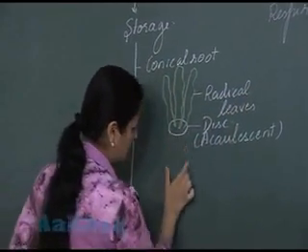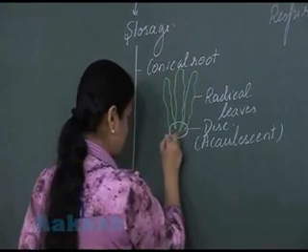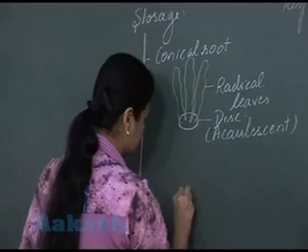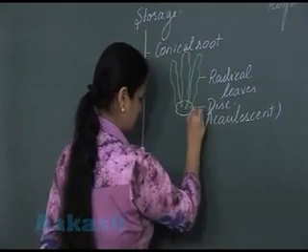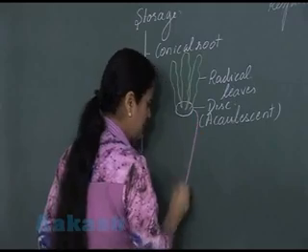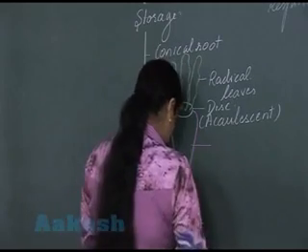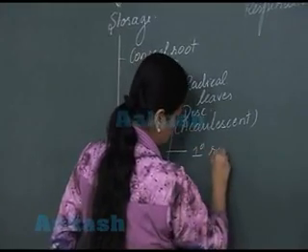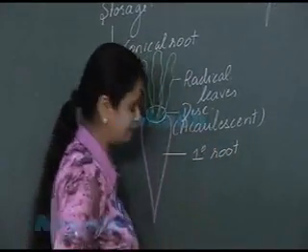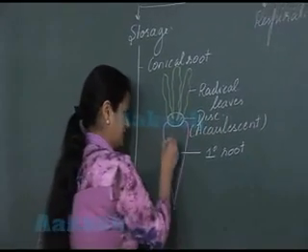Now here, there is presence of the primary root. Yes? So this is primary root. This one is primary root, and this primary root, it is involved in the storage. This is involved in the storage of the food, and the secondary roots, they are reduced.